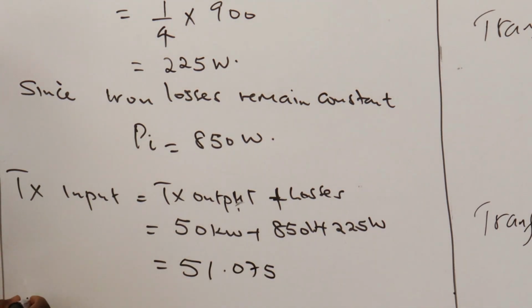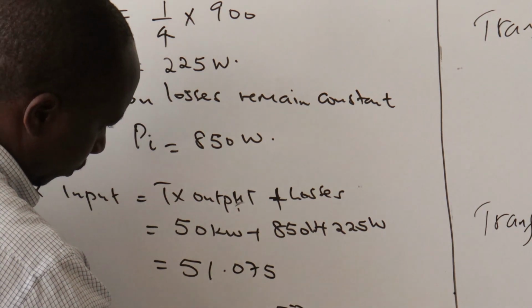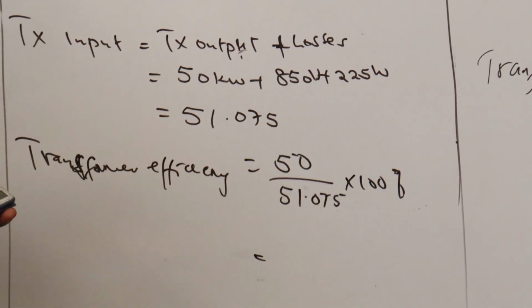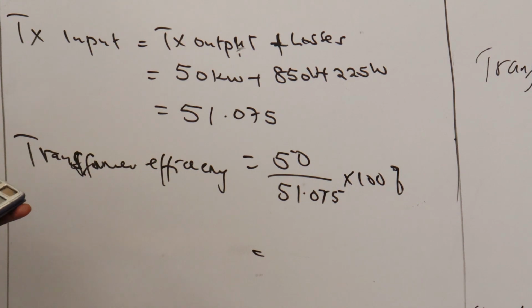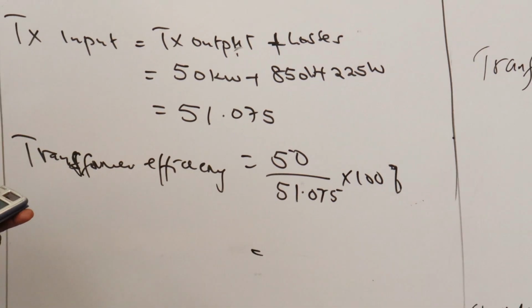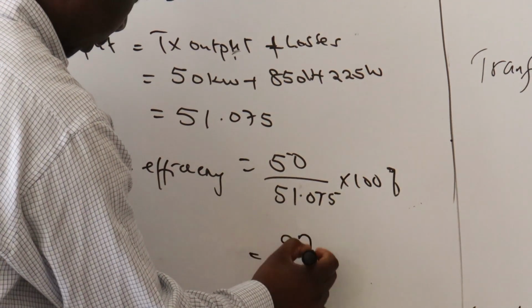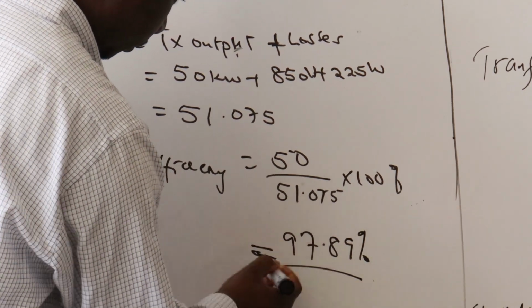So transformer efficiency shall have this as 50 over 51.075 times 100%. This is 97.89%.